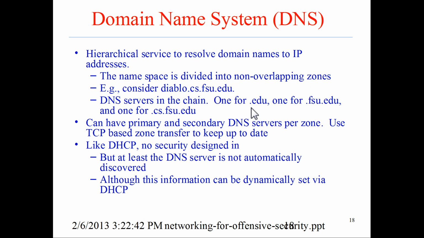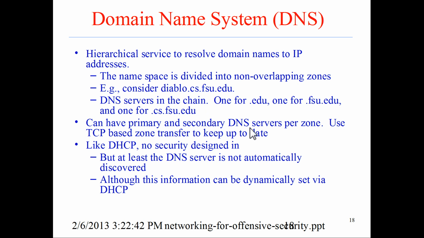Past the uppermost DNS server for the edu domain will be a domain server for the fsu.edu domain, for all departments and colleges of FSU. And then there will be another name server for the subdomain cs.fsu.edu.